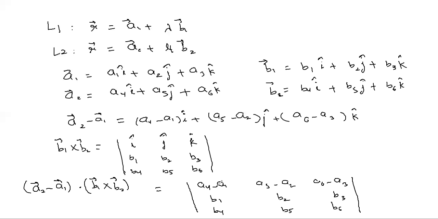So it can be generalized that the numerator will be the solution of this determinant, while the denominator is the magnitude of vector b1 cross b2, which can be obtained from here.